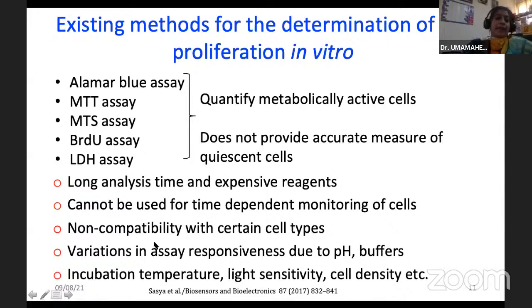Apart from that, there can be variations in the experimental conditions like pH or buffer, incubation temperature, the cell density we use, and so on and so forth. So there is a set of optimization that needs to be done whenever people are trying these type of in vitro studies using these dye-based assays.